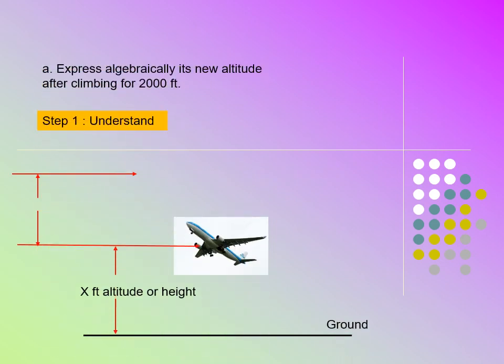Then, to further analyze the problem, we are required to express algebraically its new altitude after climbing for 2,000 feet. So from a given x feet altitude, it climbed another 2,000 feet. Medyo tumaas na yung eroplano by 2,000 feet from x feet altitude.